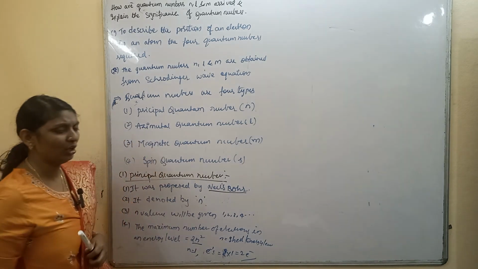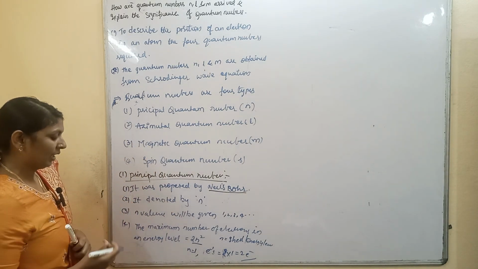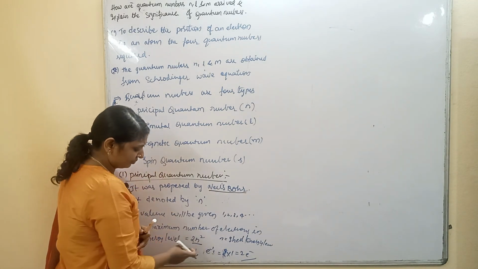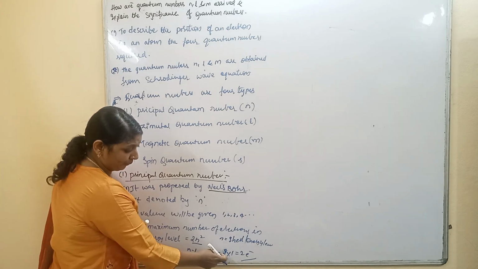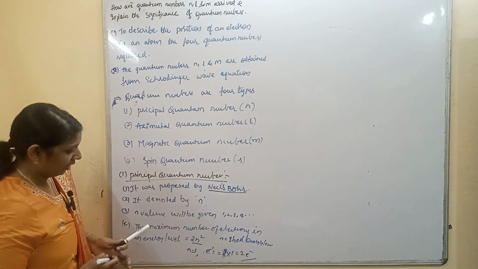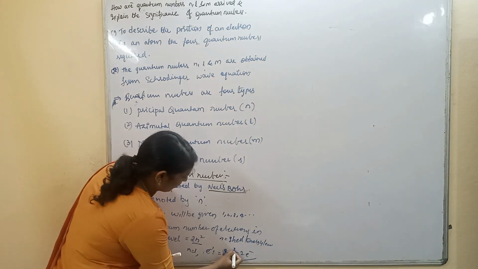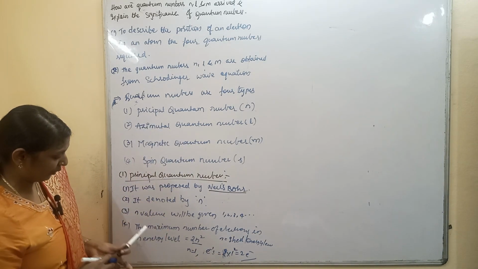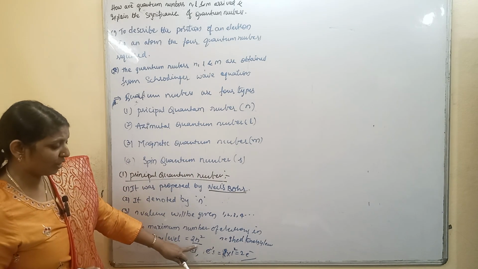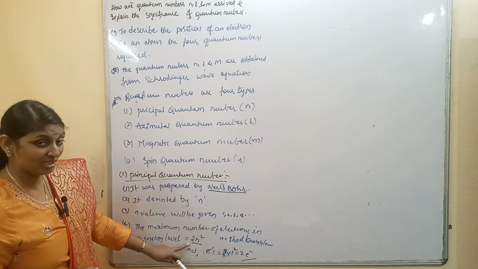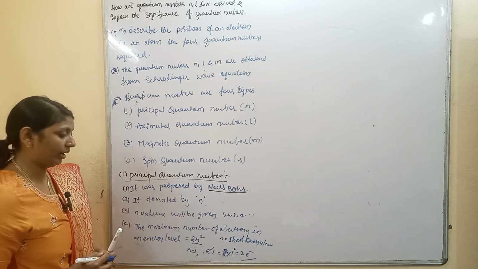In the first shell we have only 2 electrons. Like that, if n equals 2, 2 into 2 square is 2 into 4, which is 8. The second energy level will have 8 electrons.